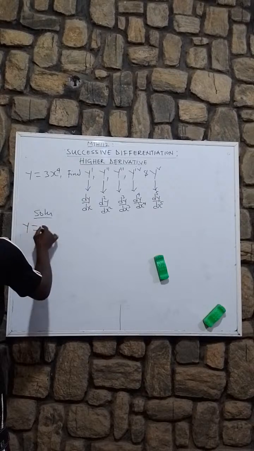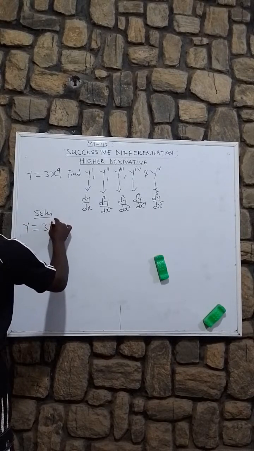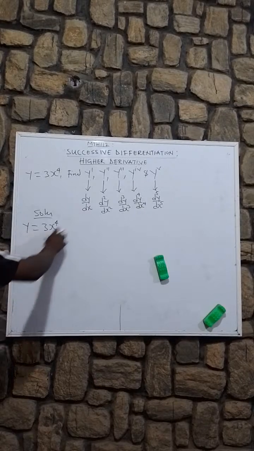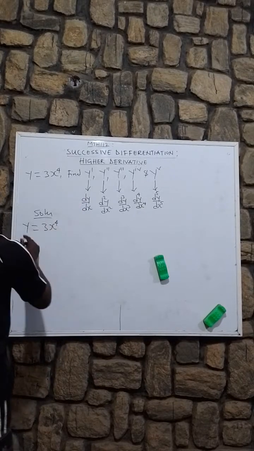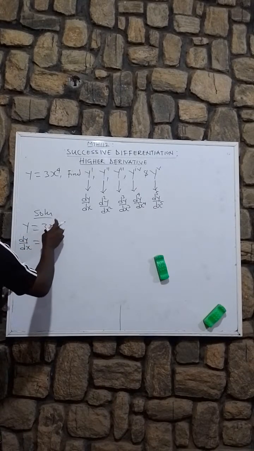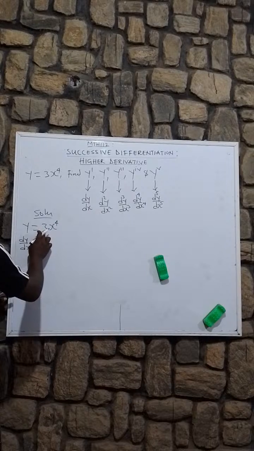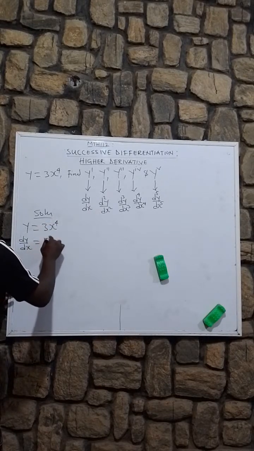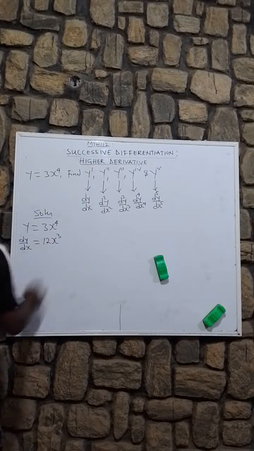Our y is equal to 3x raised to the power of 4, right? If we differentiate for the first derivative, our dy over dx is going to give us: use this 4 to multiply what is here, 3. So 4 times 3, 12x raised to the power 3.